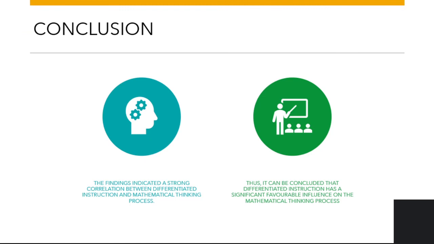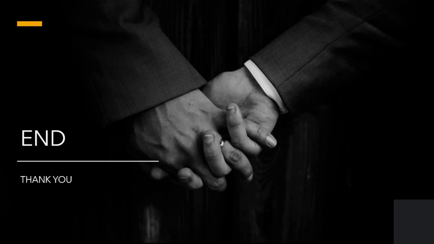So I can conclude that the findings indicate a strong correlation between differentiated instruction and the mathematical thinking process. Thus, it can be concluded that differentiated instruction has a significant favorable influence on the mathematical thinking process. Alright, that's all. Thank you.